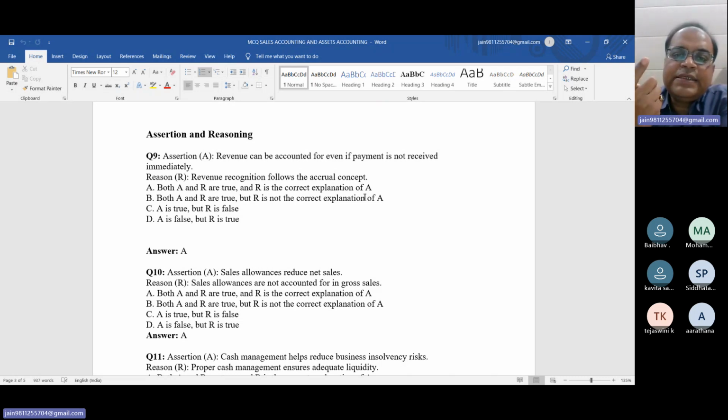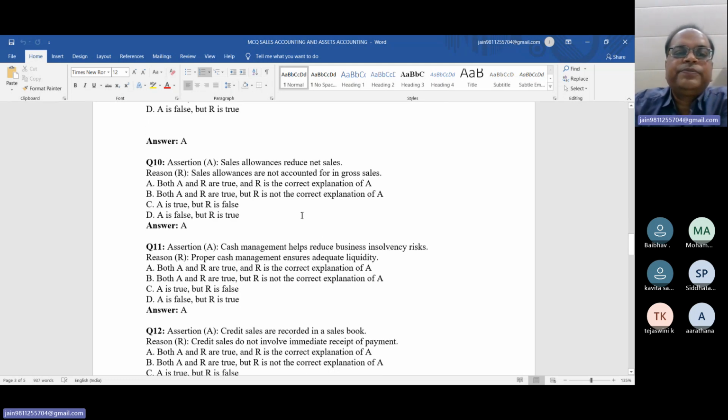Yes. Why? Because accounting is based on the accrual concept. Second option, A and R both are true, but R is not the correct explanation of A. So no, this is not. A is true, R is false, wrong. A is false, but R is true, wrong. So the correct answer is A. Both A and R are true, and R is the correct explanation of A.